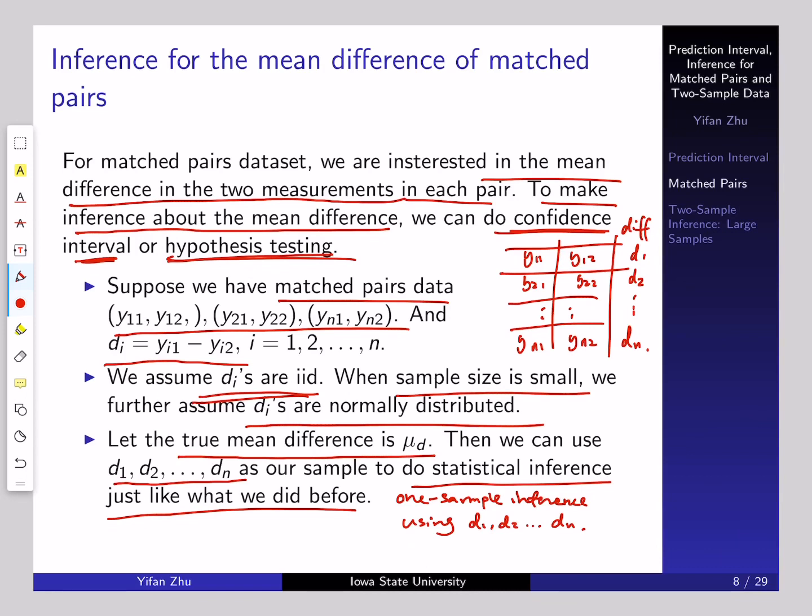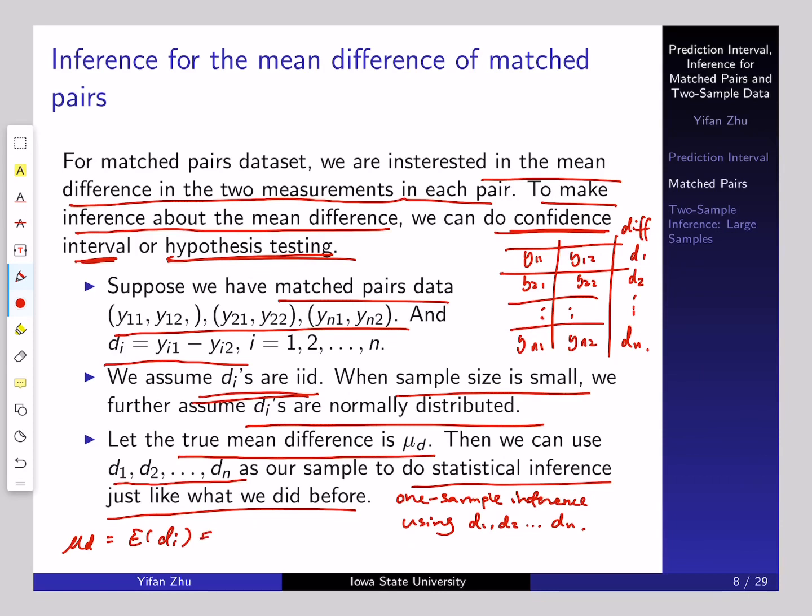So this mu d is the expected value of the difference di, the mean difference.